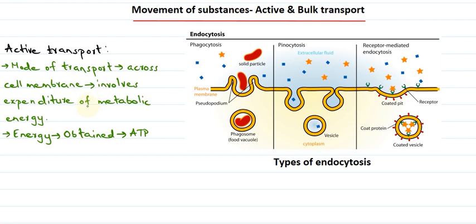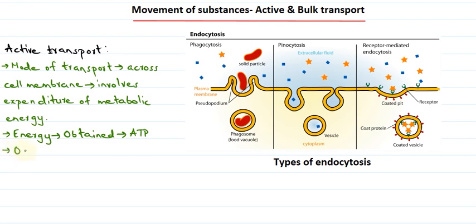So ATP provides the energy. It is the most common method of salt absorption in plant cells. And this process occurs against the concentration gradient.